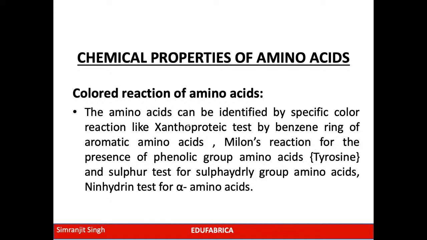So we can see many tests are possible in order to confirm various types of amino acids: the xanthoproteic test, Millon reaction, sulfur test, and ninhydrin test. So, 1, 2, 3, 4. Each time when you do them, you get a different color reaction.